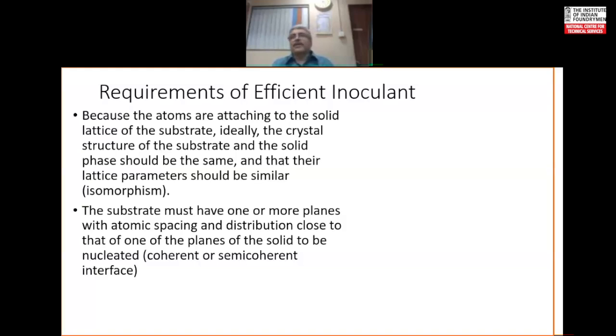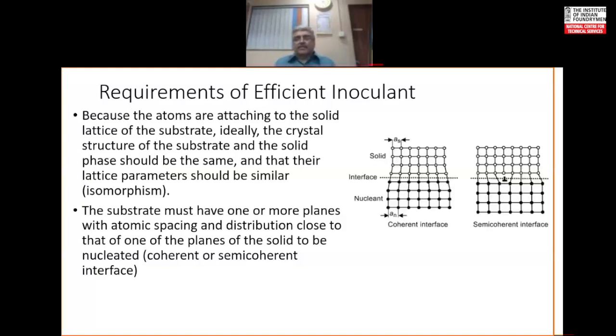That means we are talking about either austenite coming out or graphite coming out, and their crystal structure, which we discussed in our first lecture. Here is a diagram which talks about this coherence. Here is the nucleant, and this is the spacing of the atoms on the interface between the nucleant and the solid which will get deposited from the liquid.